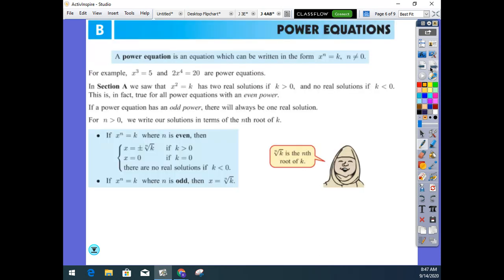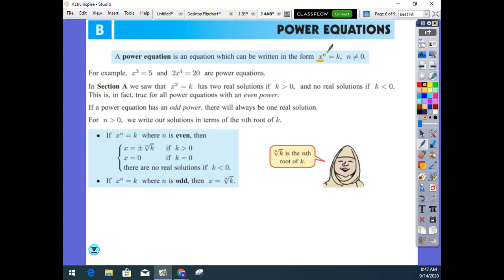Letter B then is looking at all the other roots. Where A is the square roots, this is everything else. All right, so first of all, a power equation is just where x is the base and a number is in the exponent. So any power of x is a power equation.